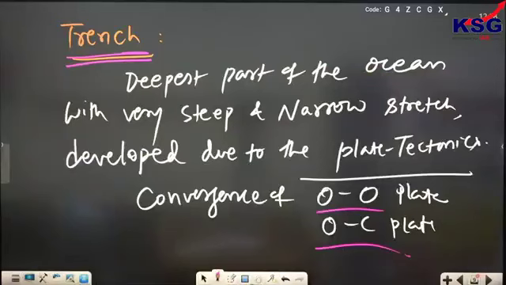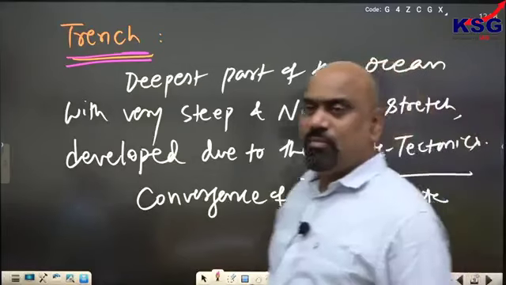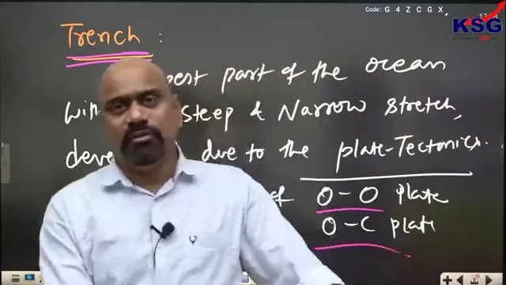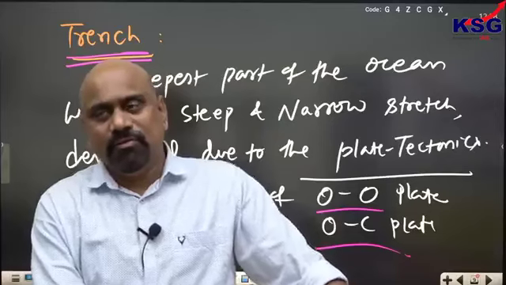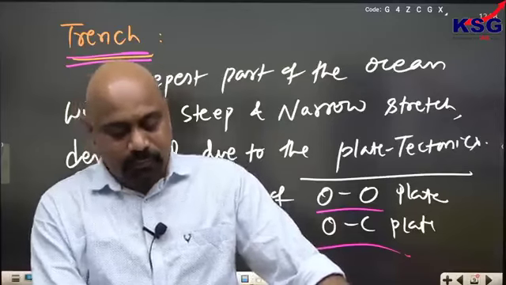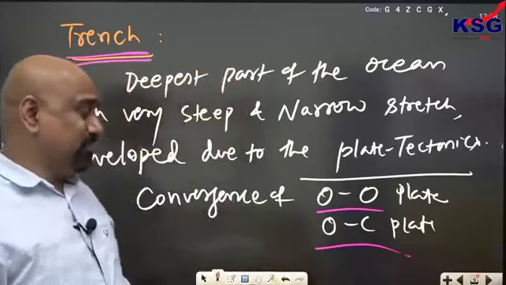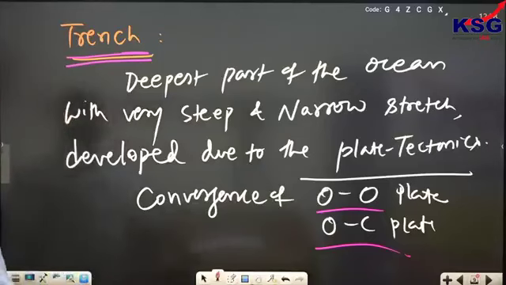The trench is the deepest part of the ocean, I said, where the accretionary prism forms near the trench itself. And the accretionary prism is responsible for mountain formation. You will know the base of the mountain is there.